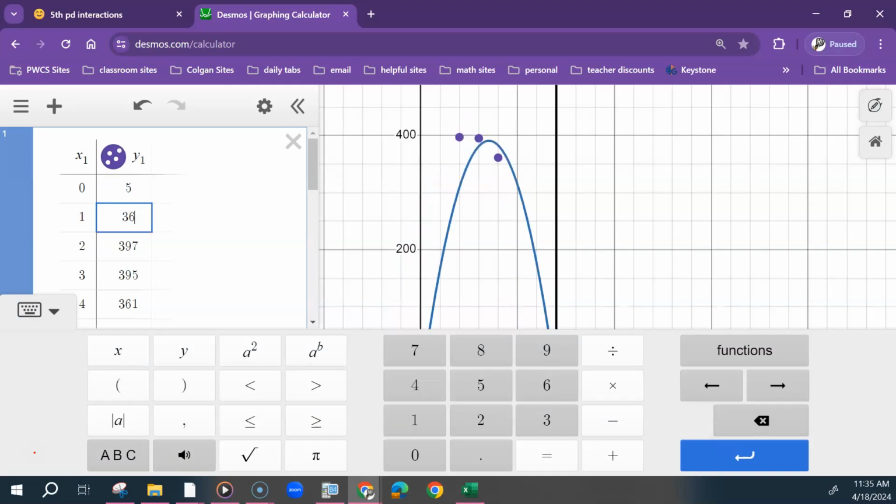When we get the chart in, we're in the calculator, stat, edit.